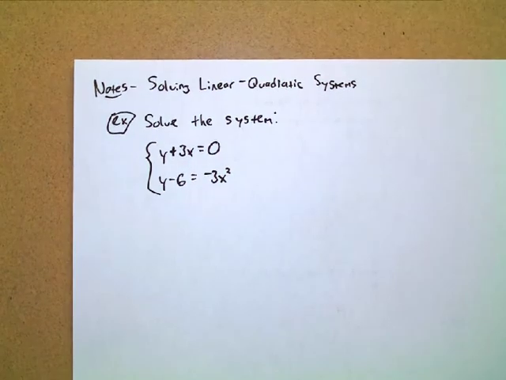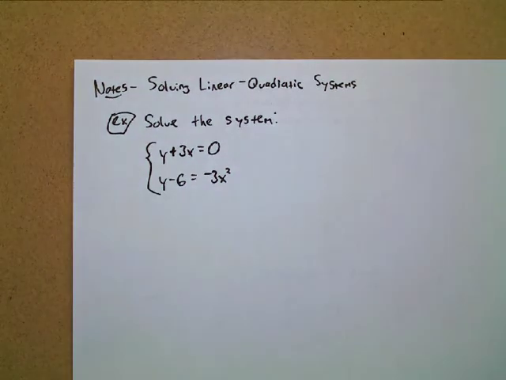We have a line, y plus 3x, and we have a quadratic equation there, y minus 6 equals negative 3x squared. That's quadratic as well, you have x squared. So we're going to have a line and a parabola on a graph.